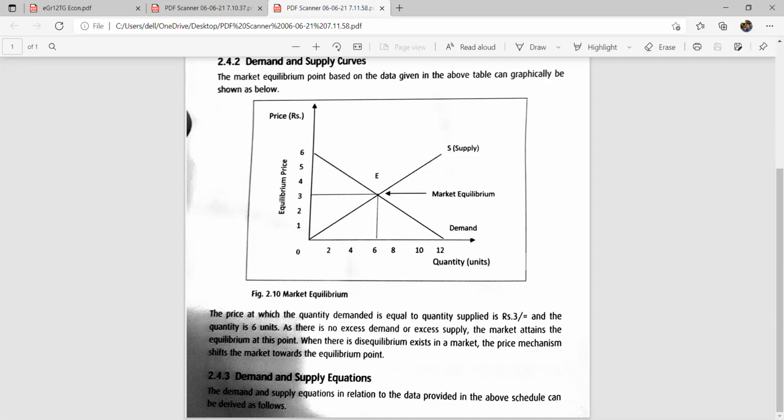Right. Note down a question in your books.